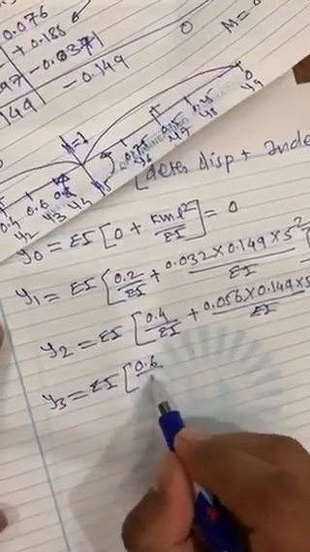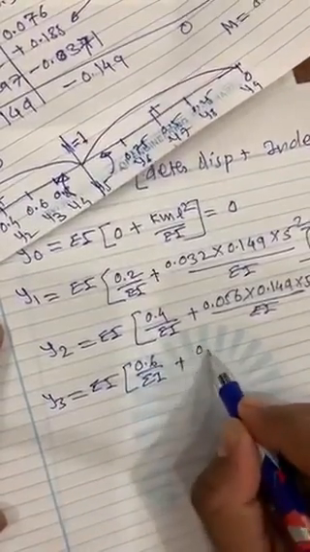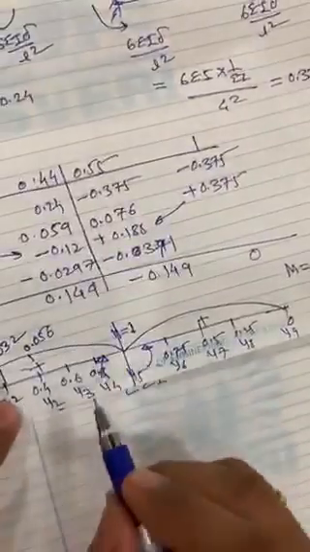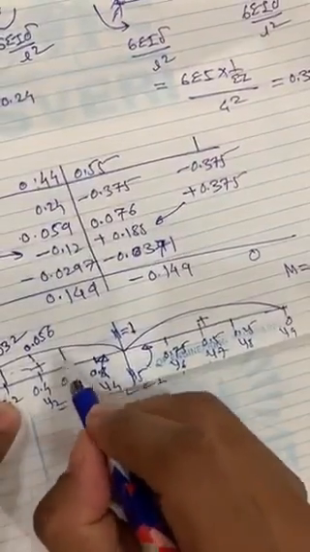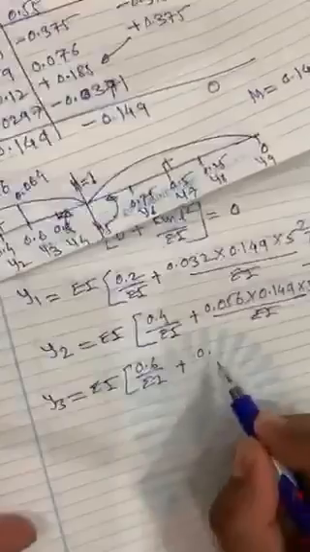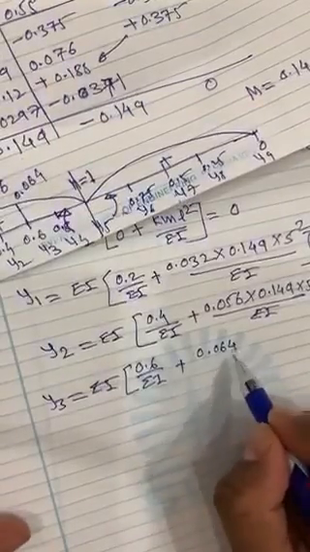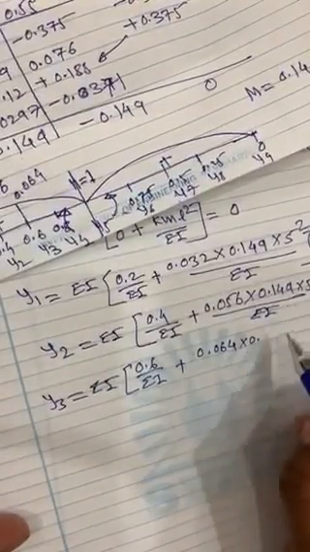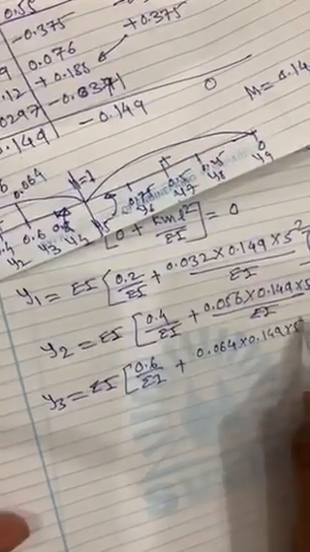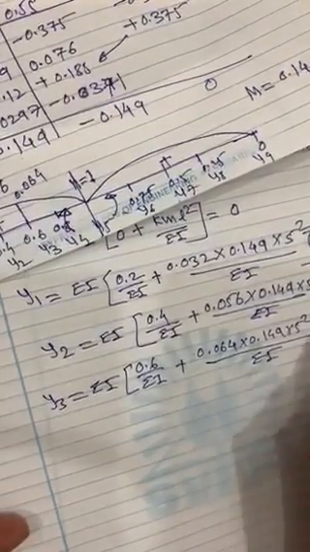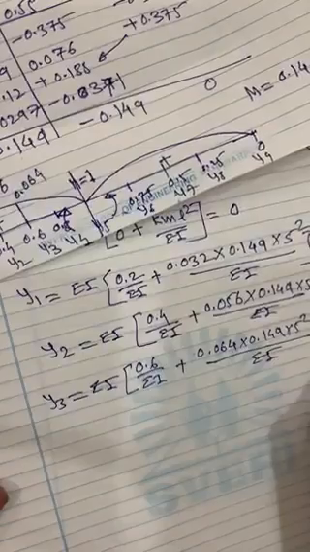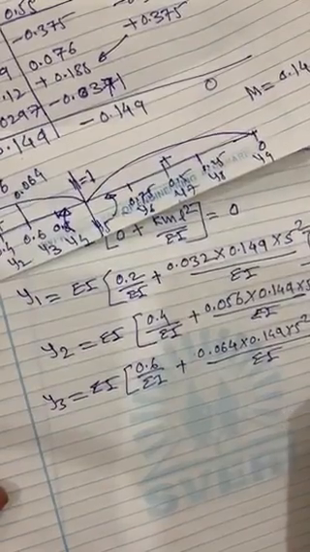EI into 0.6 by EI plus the k value 0.064. It will be 0.064 into m, which is the same, 0.149, span is the same, divided by EI, and this value comes out to be 0.838.